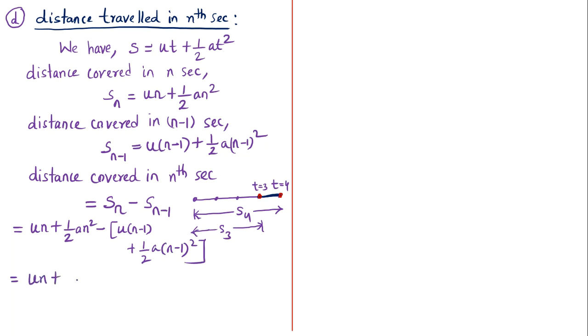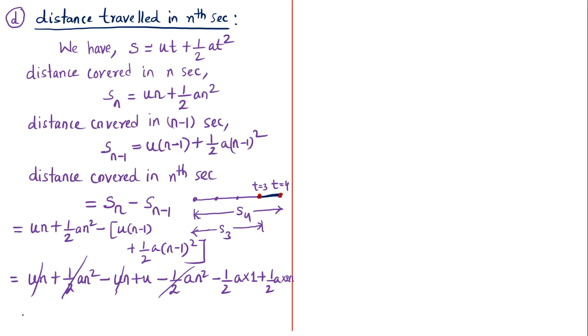This is un plus half a n square minus un minus 1 is plus u, minus half a into n minus 1 whole square, which is n square minus 2n plus 1, so plus half a into 2n. The un cancels out, and half a n square minus half a n square cancels out.